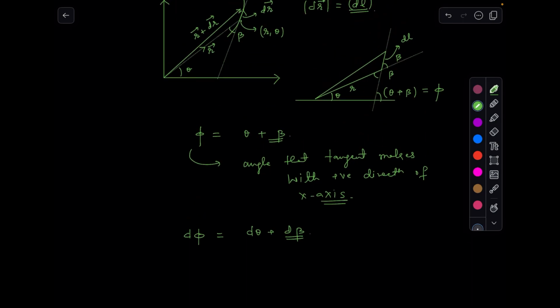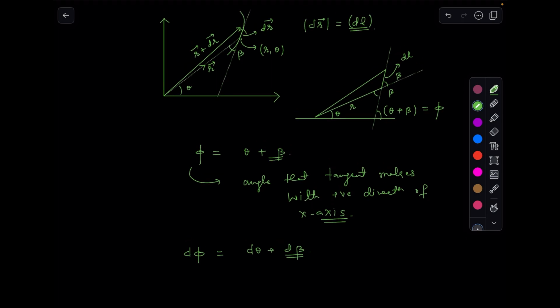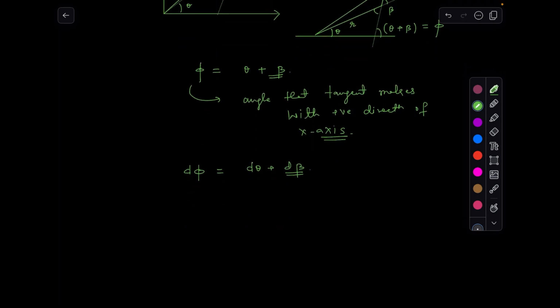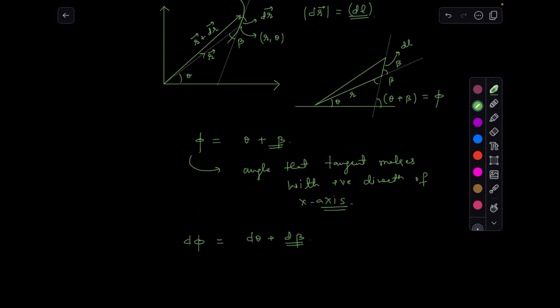Now, how to find d beta in terms of d theta? This is easy, we'll use some geometry.